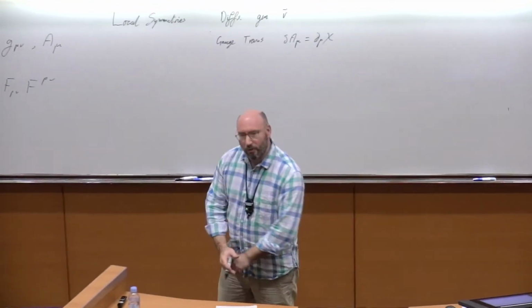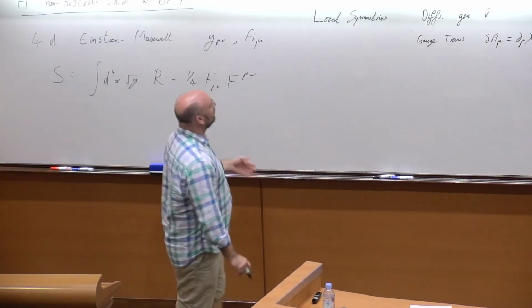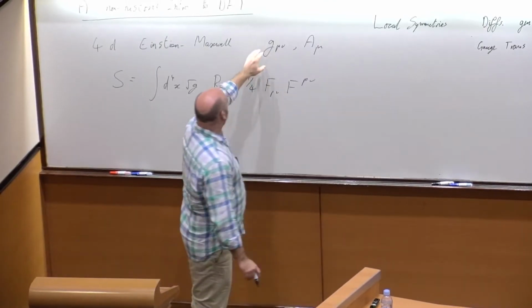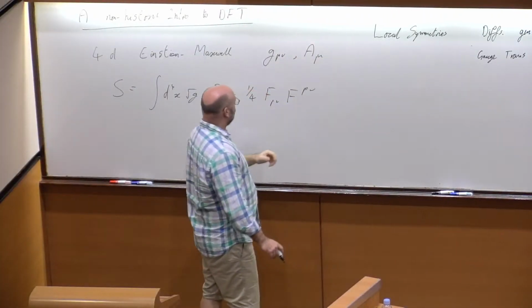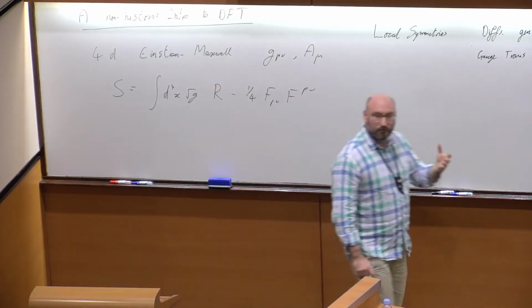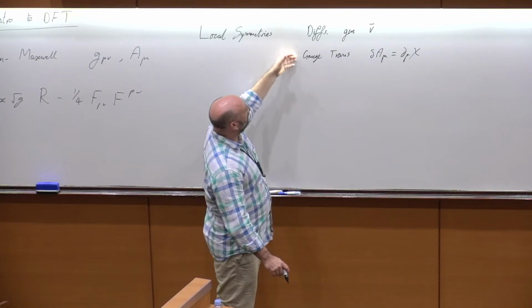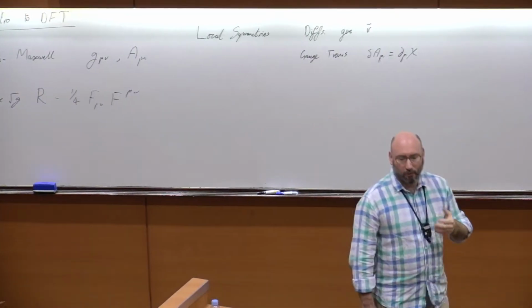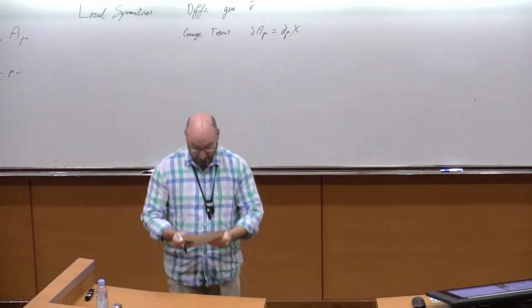Now, what Kaluza and Klein then wanted to do was say, how do we combine the fields in the theory, G and A, to form one single geometric object, and at the same time combine the local symmetries to also produce one single symmetry.